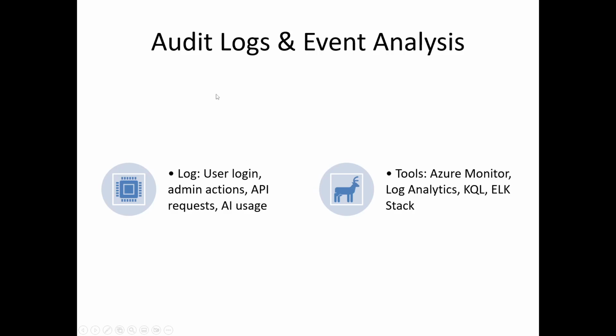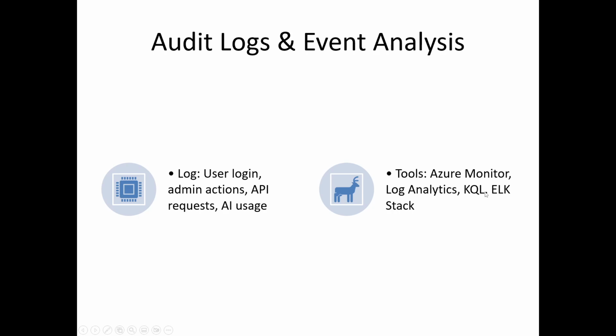After that, audit and log event analysis. All critical activities are logged, such as login attempts, admin changes, API calls, and AI services. We configure Azure diagnostic settings to forward logs from AKS, Application Gateway, and other resources to Log Analytics.